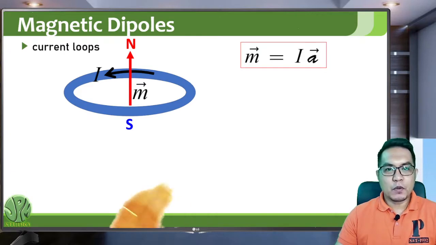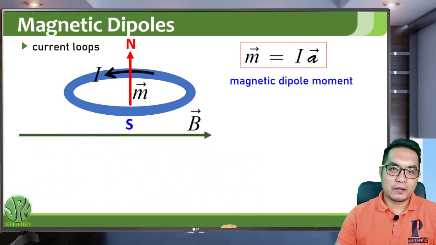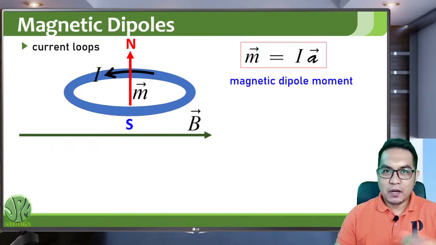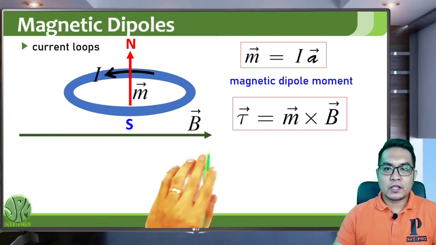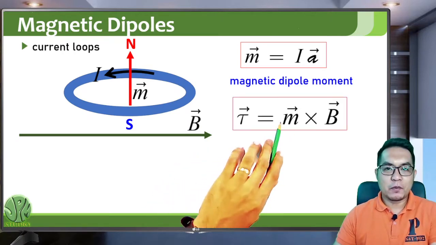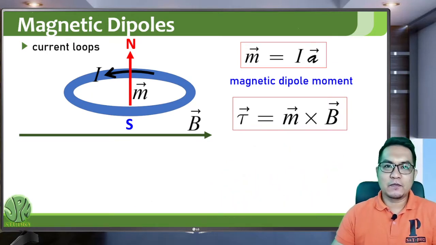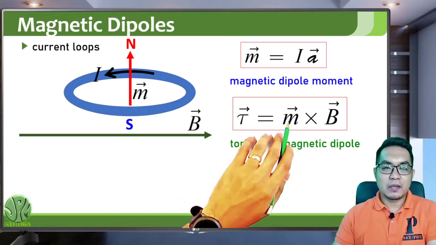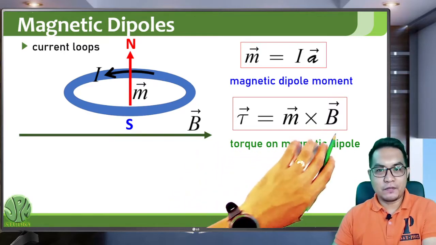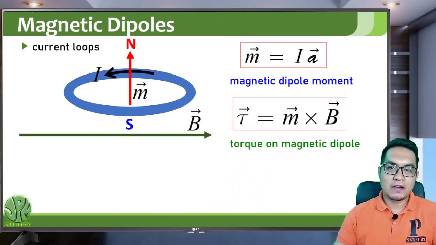And if you expose this current loop to an external magnetic field, similar to the electric field, it will exert a torque on your dipole. The torque is just the dipole moment crossed with the field. It's very similar to electric fields in matter, wherein the torque is the dipole moment crossed with the field. So similarly, the magnetic dipole moment crossed with the magnetic field.